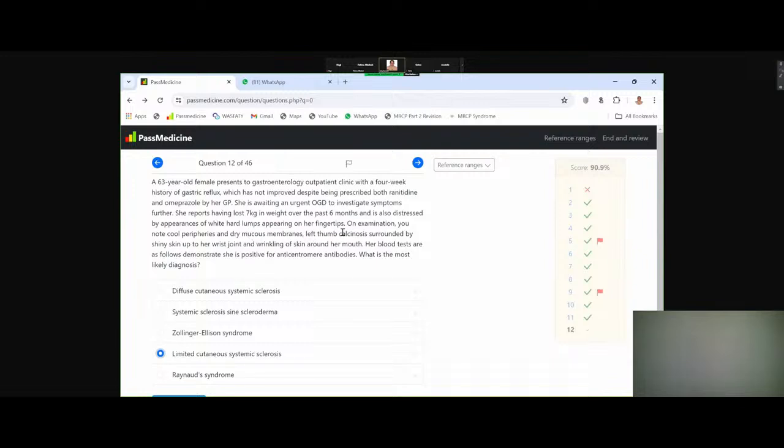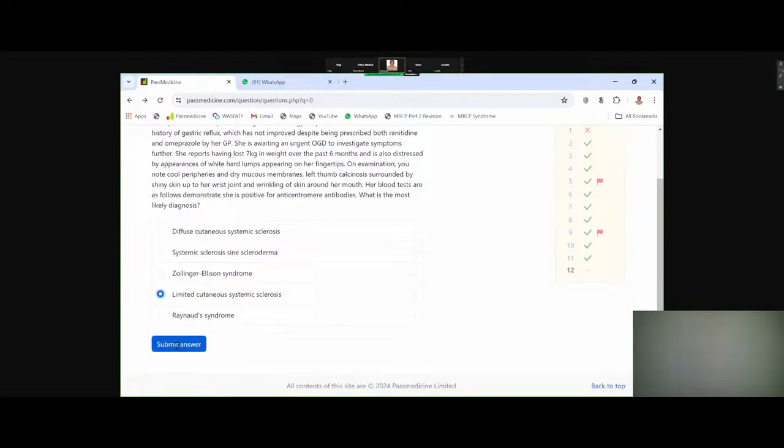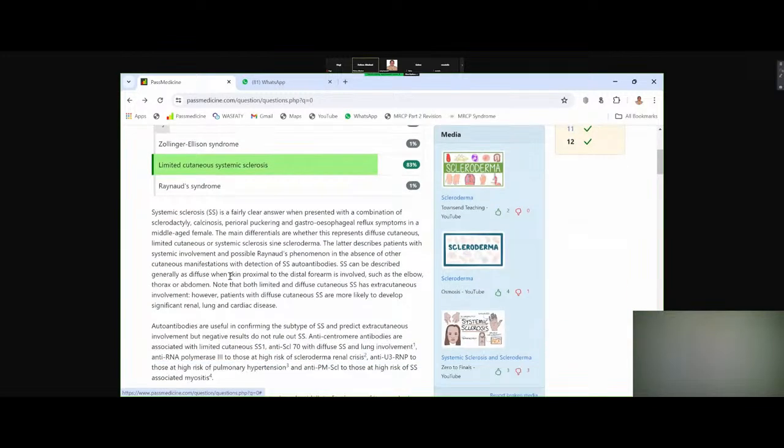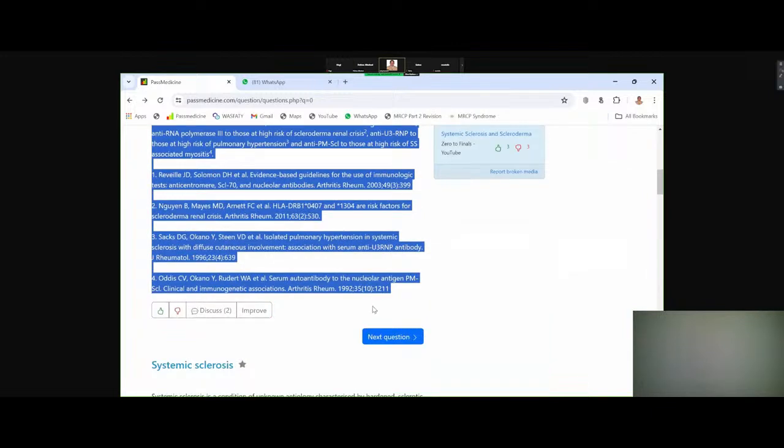On examination, you note cool peripheries and dry mucous membranes, left thumb calcinosis surrounded by shiny skin up to her wrist joint, and wrinkling of skin around her mouth. This is scleroderma, sclerotic skin. Her blood tests demonstrate she is positive for anti-centromere. We will go with limited cutaneous systemic sclerosis. Okay, I will copy paste this one, and we will go to the next question.